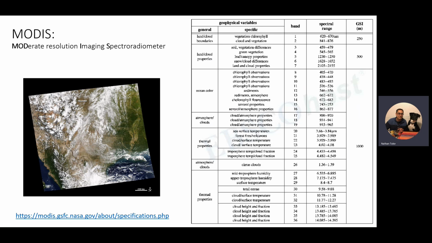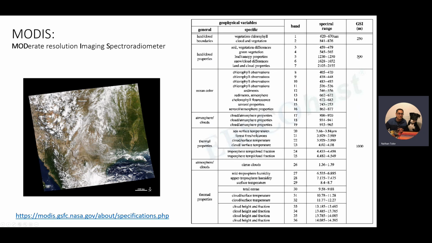MODIS, we mentioned earlier, has many bands, which is really cool. This table, sorry, it's a little bit degraded, shows the spectral ranges in nanometers of the bands and their ground sampling interval, i.e. pixel size. Land and cloud boundaries bands are 250-meter pixels.